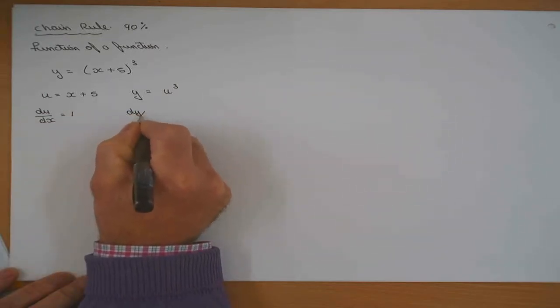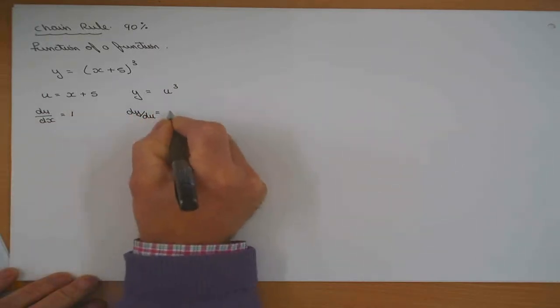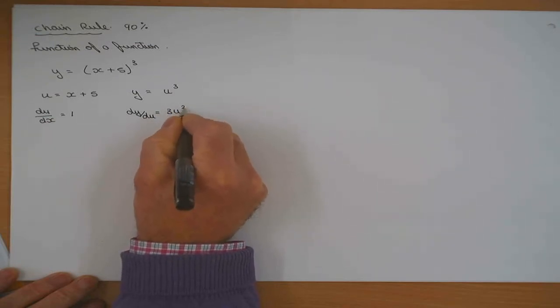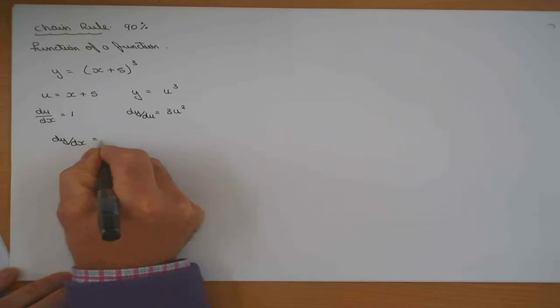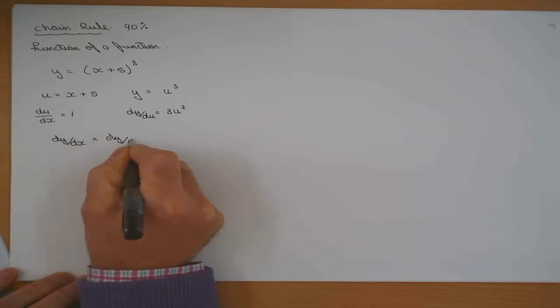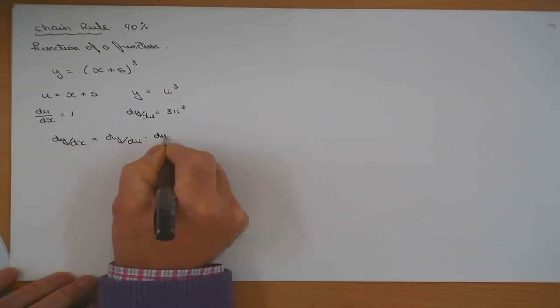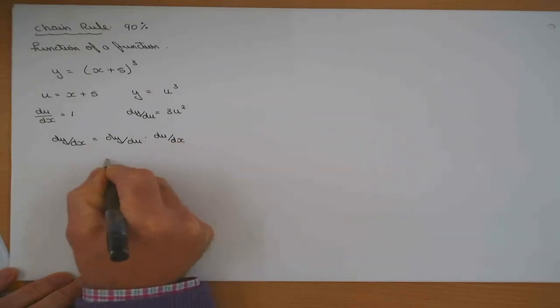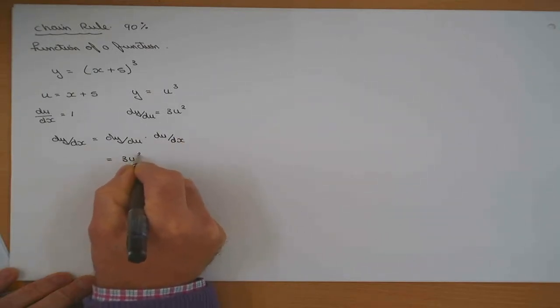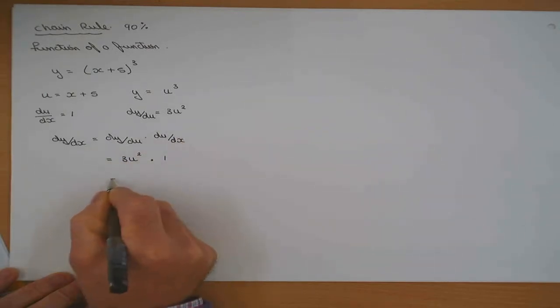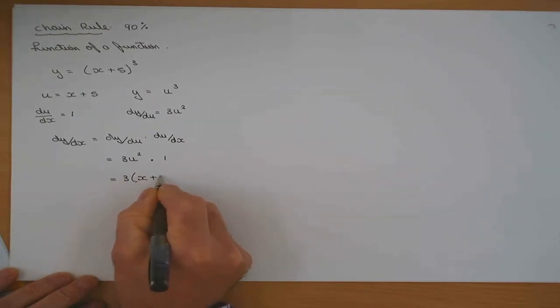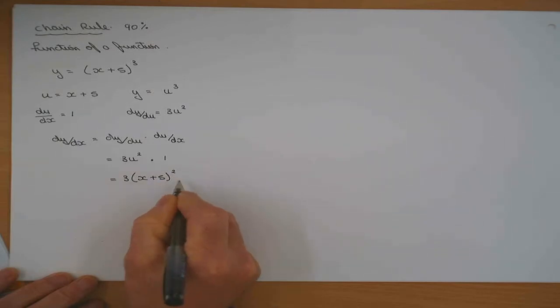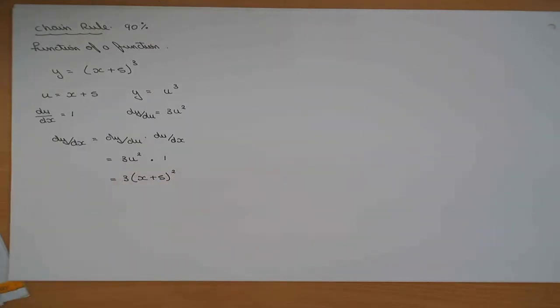And then you get dy/du: differentiate u cubed, 3u squared. And then dy/dx is equal to dy/du by du/dx. dy/du is 3u squared by du/dx is 1, which is 3 times, what's u, x plus 5 squared times the 1, which is just 3(x plus 5) squared.